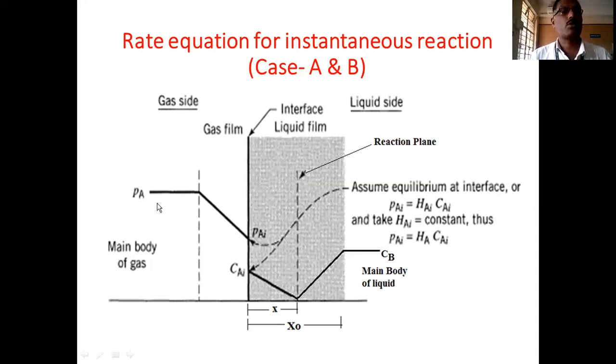PA is the partial pressure of A in the main body of the gas, which diffuses through the gas film, and PAI is the partial pressure of A at the interface in the gas film.